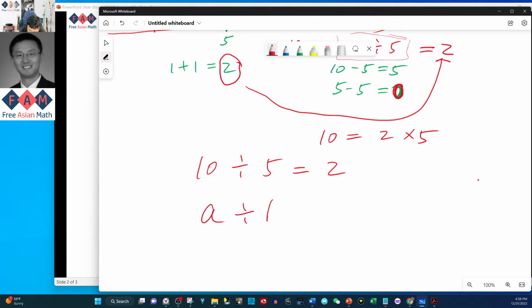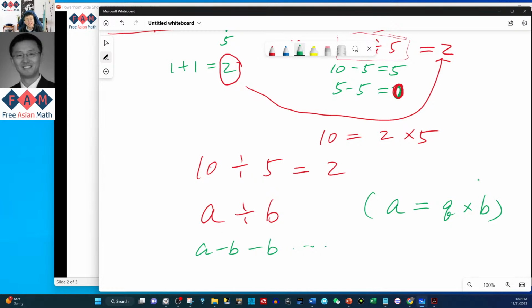A divided by B, with the assumption that we can actually find another number Q times B that will give us back A. So we will see that if we start subtracting B from A, minus B, and perhaps we will have to continue minus another B until we arrive at 0.